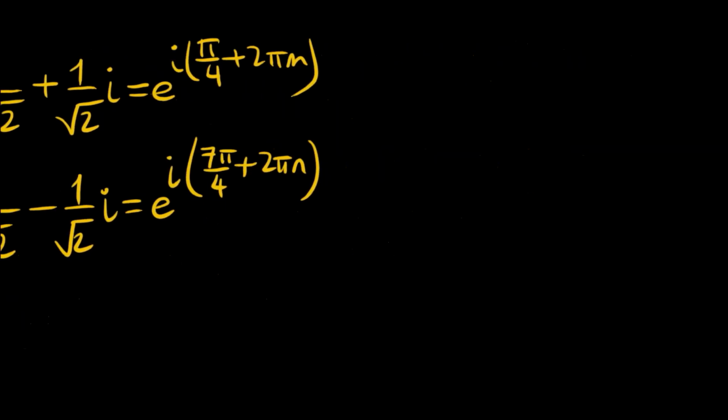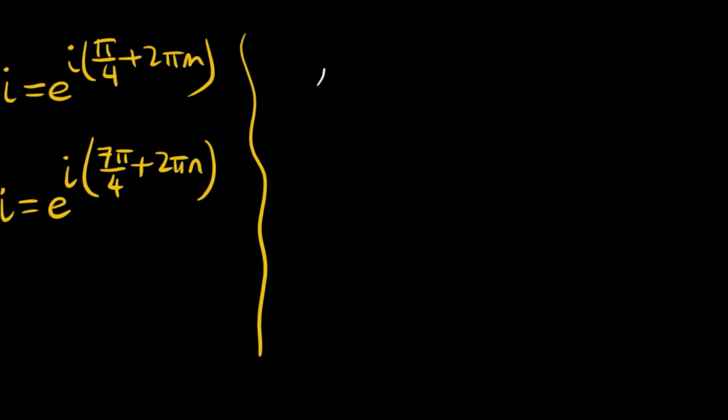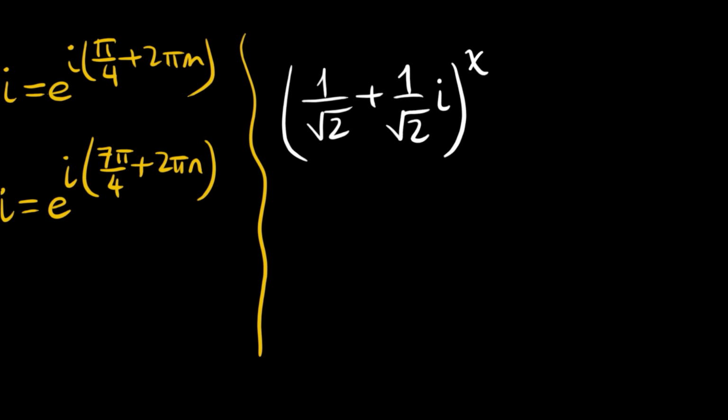Let's turn to our original expression now. We have (1/√2 + (1/√2)i) to the power of x, and this is equal to 1/√2 − (1/√2)i.